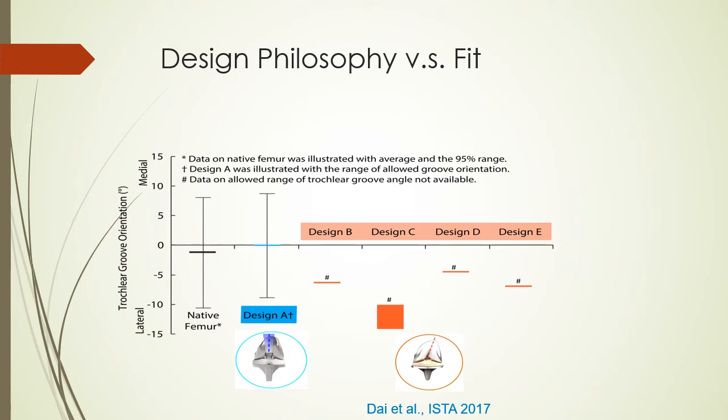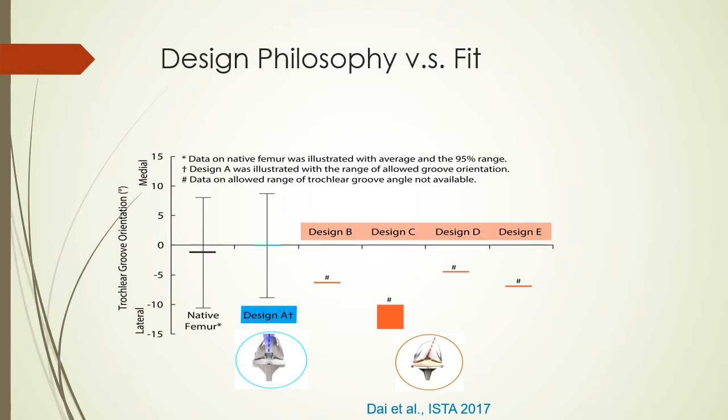But if we compare that result to what we have in the field right now, we have this one design that's tracking neutral, but allowing a range of angles that seems to really match the native femur. And we have all these other lateralized ideas, with different levels of lateralization, that, as you see, may not match the native femur's own tracking or flange geometry. However, both designs are doing well.